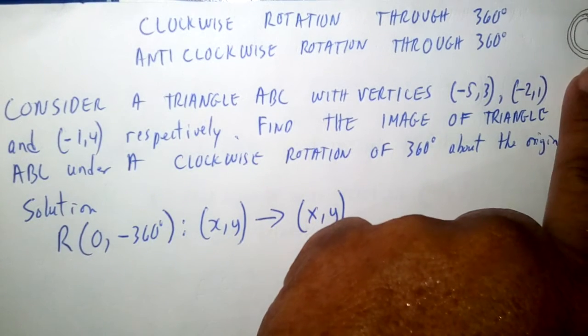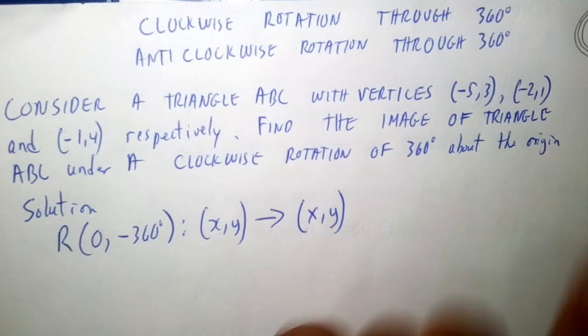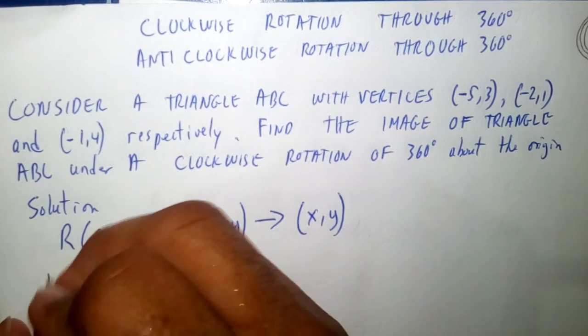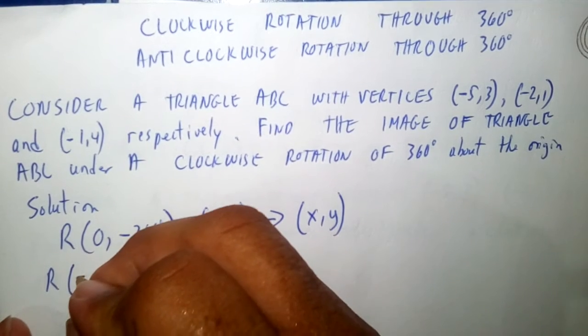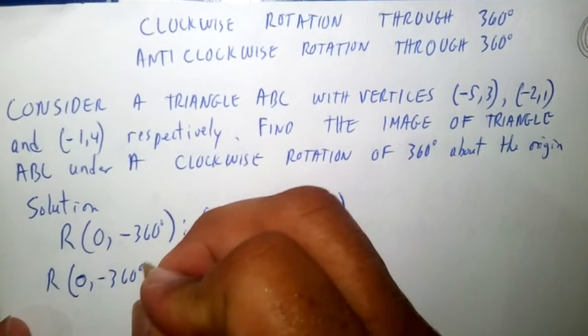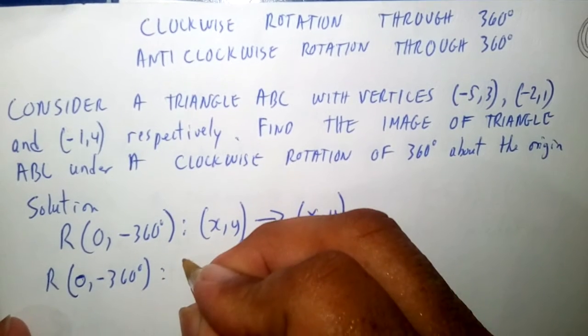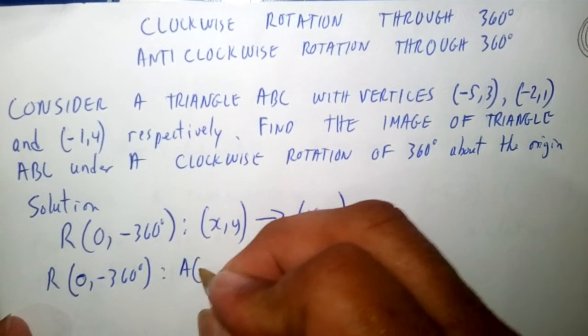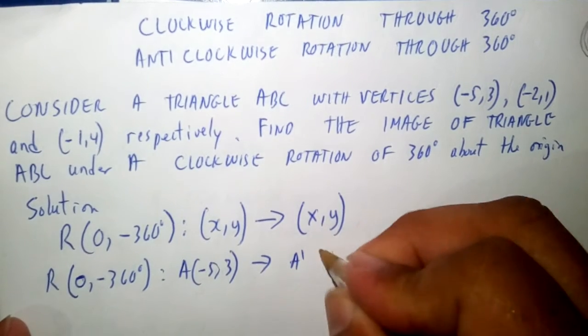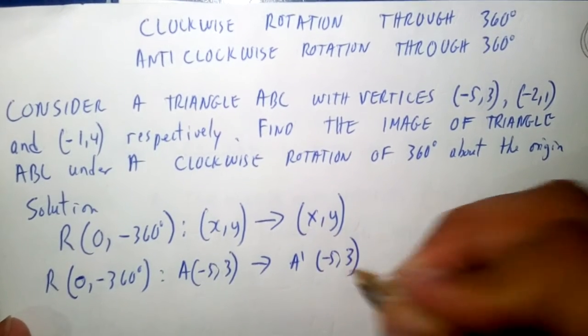So if you go backwards, it's the same thing. So we do our working. We have now rotation of 0 to -360 degrees such that A, which is (-5, 3), will be mapped to A prime (-5, 3).